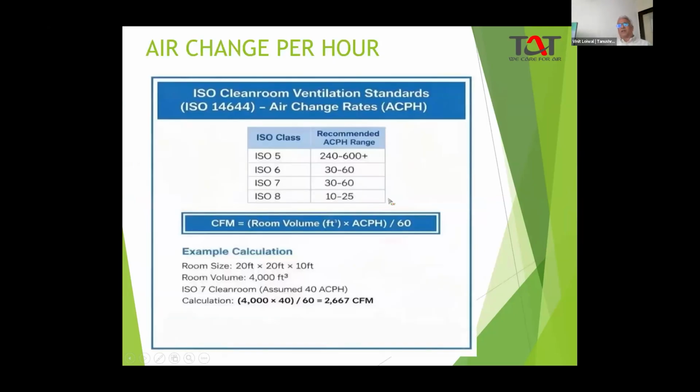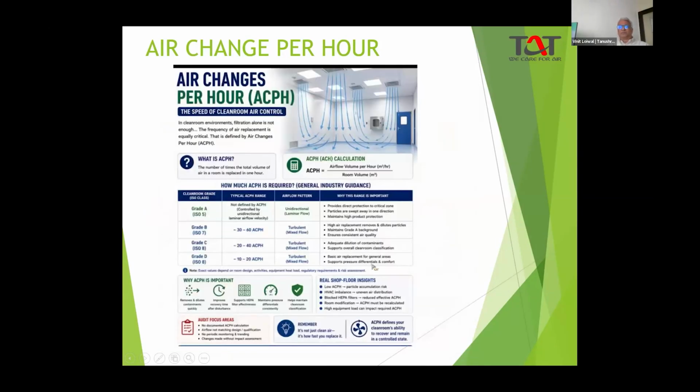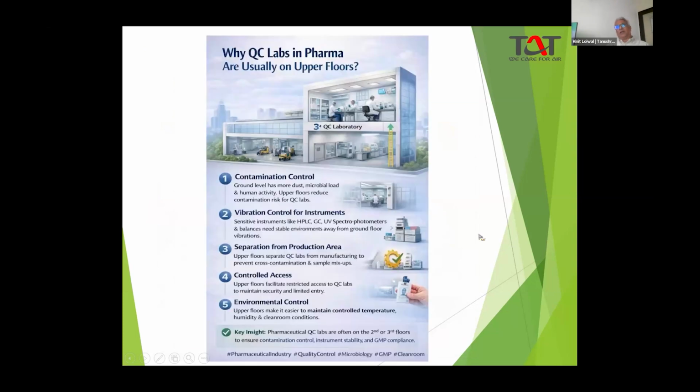Then air change per hour is the third thing which has to be taken into account. The HEPA filter CFM has to be decided as per this. This is a total calculation. Then QC labs are given on the first floor and not on the ground floor, because contamination is higher on the ground and least on the first floor.